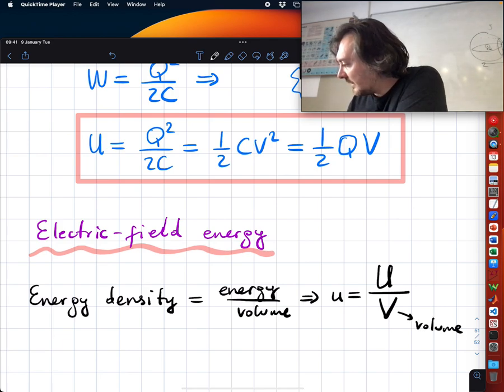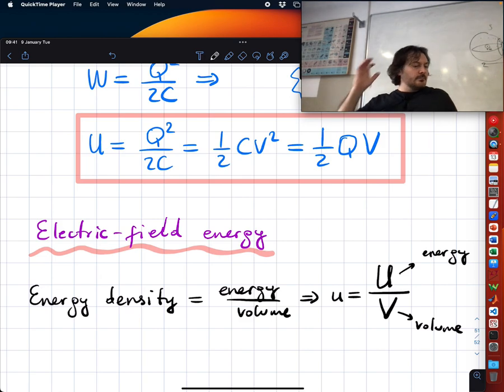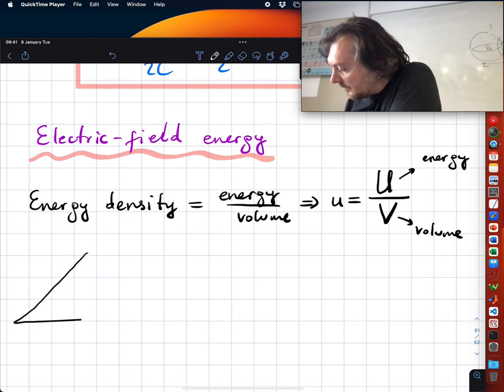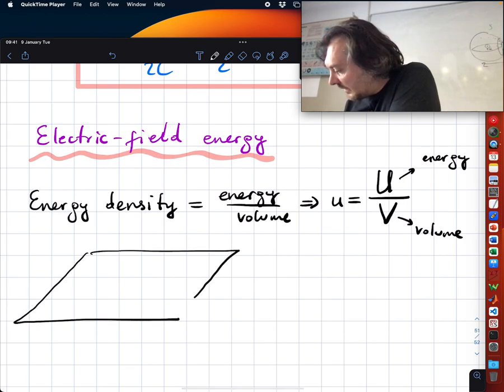Sorry for using the same letters. This is energy. Okay, capacitors are good circuit elements to investigate this because they have uniform electric field. At least we can assume that they have uniform electric field.